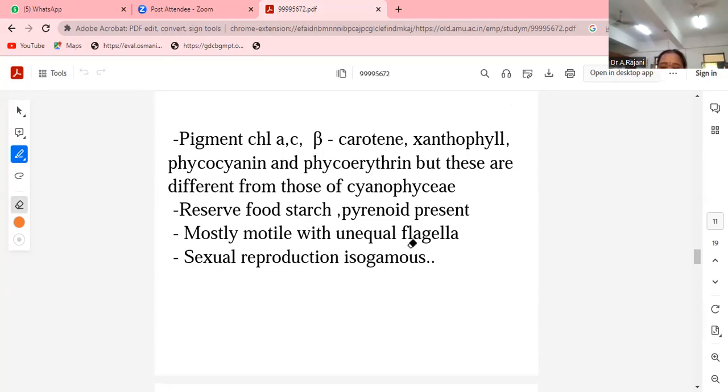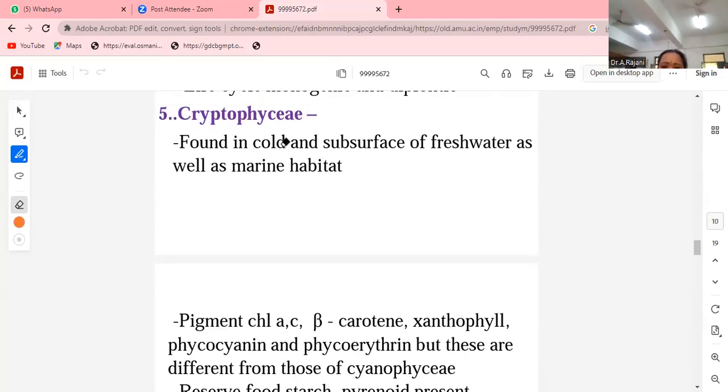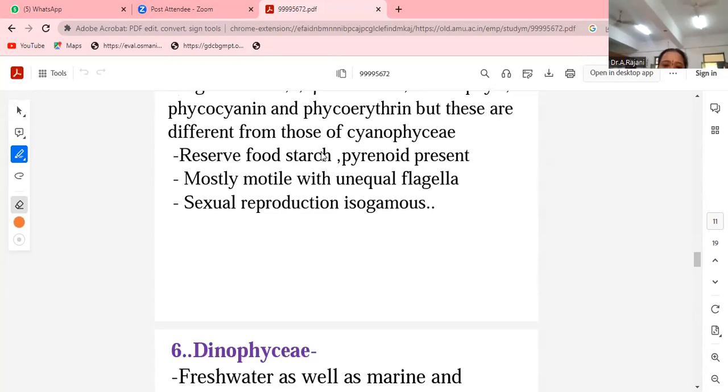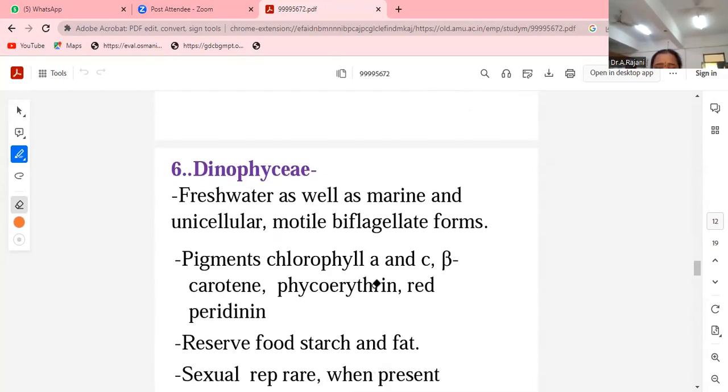Reproduction is sexual, rarely found, of the isogamous type.